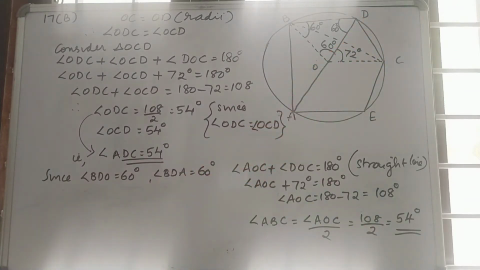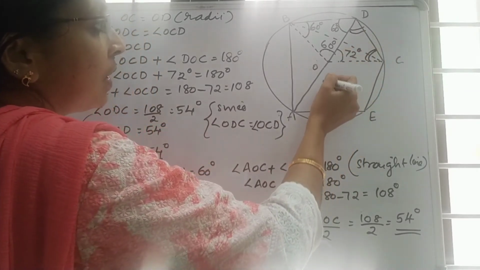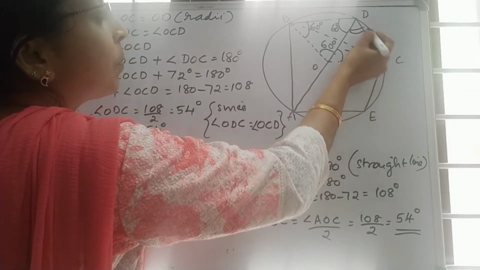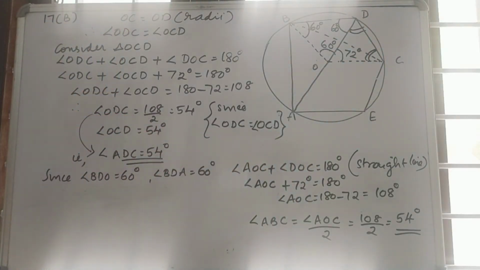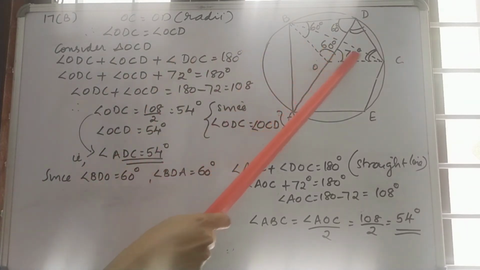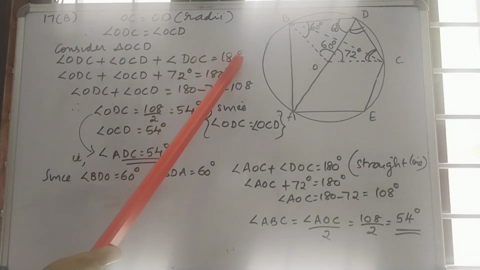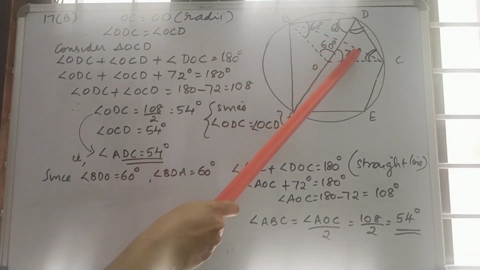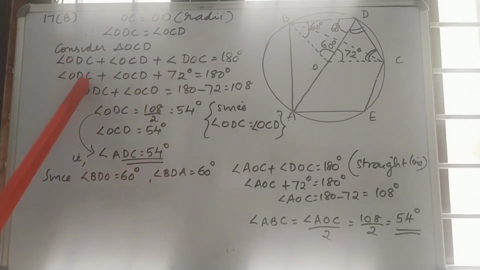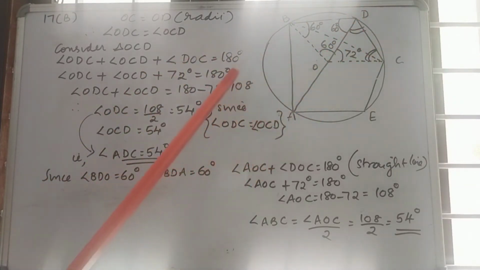We know the sum of angles of a triangle is 180 degrees. So in triangle OCD, ODC plus OCD plus DOC is equal to 180 degrees. We know DOC is 72, so ODC plus OCD plus 72 is equal to 180. So the sum of these two angles is 180 minus 72, which is 108 degrees.